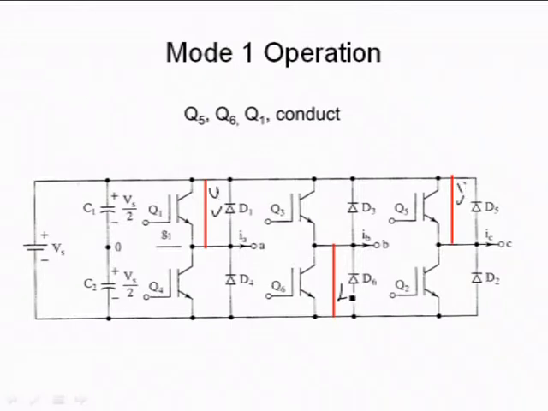Q1 and Q5 are from the upper group, odd numbers; remember that the odd numbers 1, 3, 5 are the upper group and the even numbers 2, 4, 6 are the lower group.